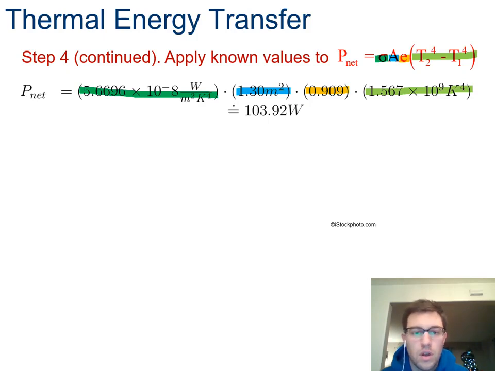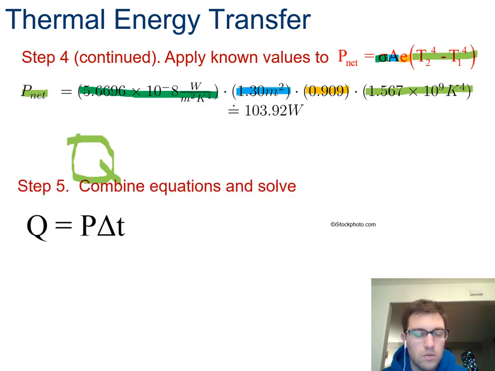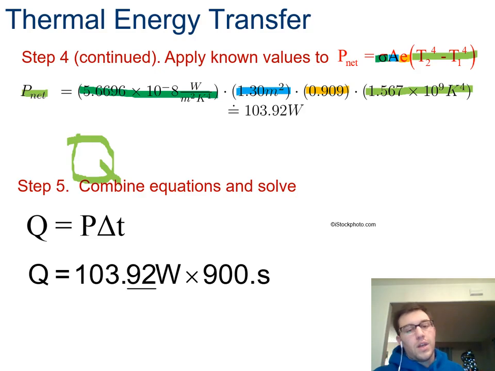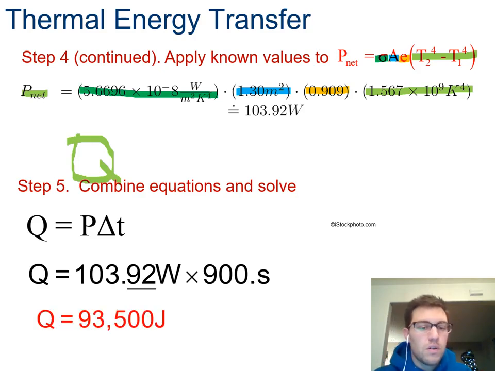So I'm done. No, I'm not done, because that is P net. I need to now find Q. How do I do that? Q is P times delta T. I just found P, my delta little t, that I should say was time, 900 seconds, so I just multiply those together, and now I'm done. 93,500.